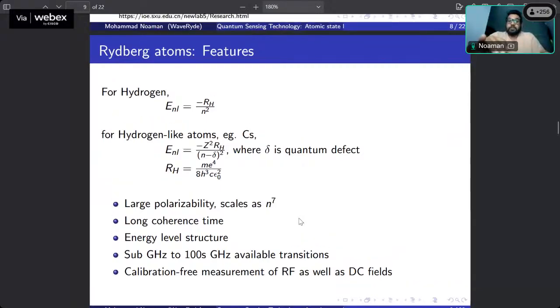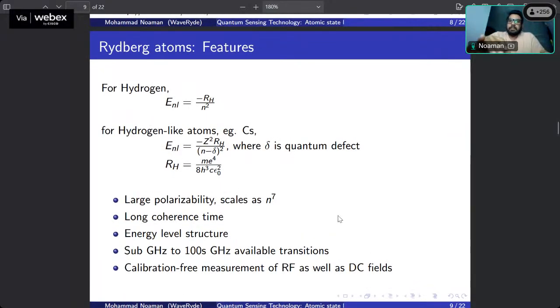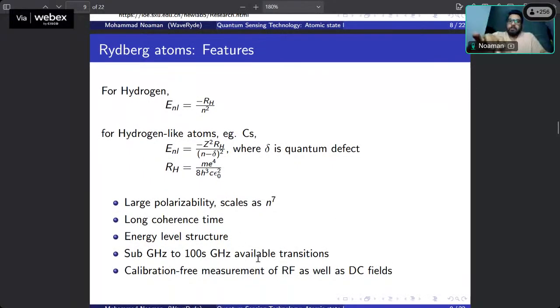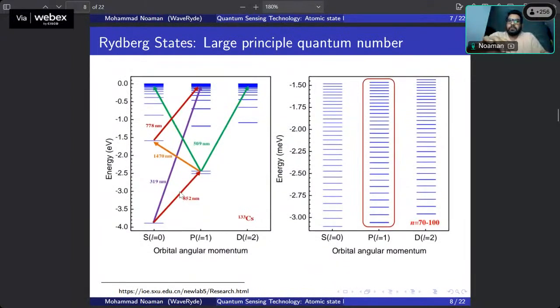The energy level structure: you get basically a large number of energy levels. One of the interesting parts with these energy levels is that the energy gap here is in the order of hundreds of nanometers, which is about 300 or so terahertz.